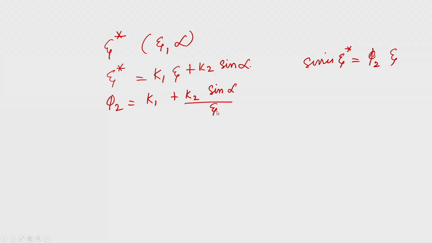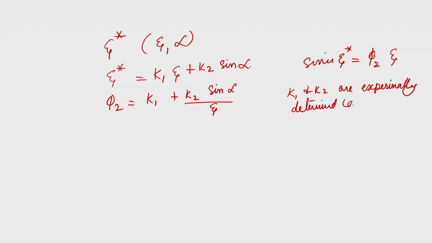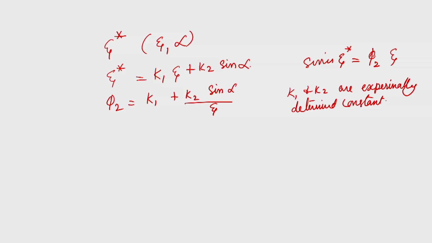Here K 1 and K 2 are experimentally determined constants. So, under different conditions you can find out the values of K 1 and K 2, and if you know the value of alpha, you can find phi 2.